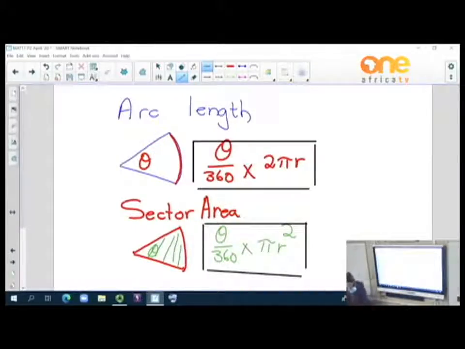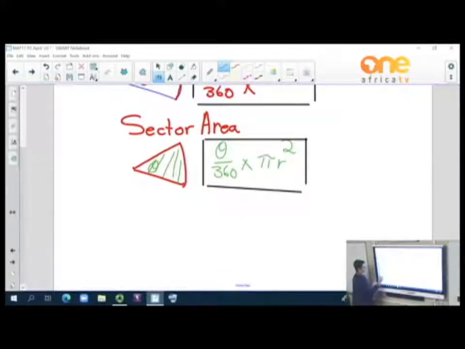Okay, so in the textbook, this is on page 505. And you can see, look there on page 505, they are also explaining all the parts of the circle that we also looked at.